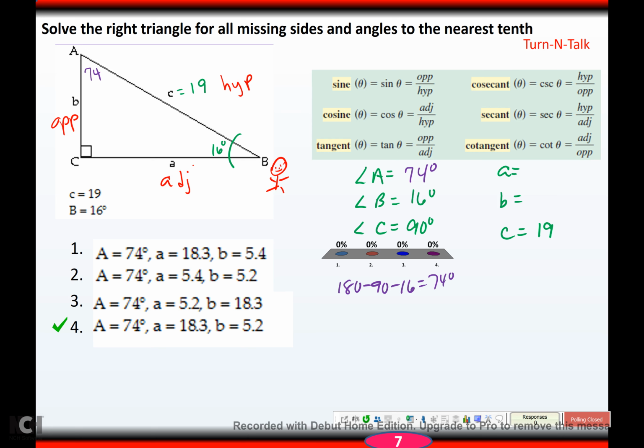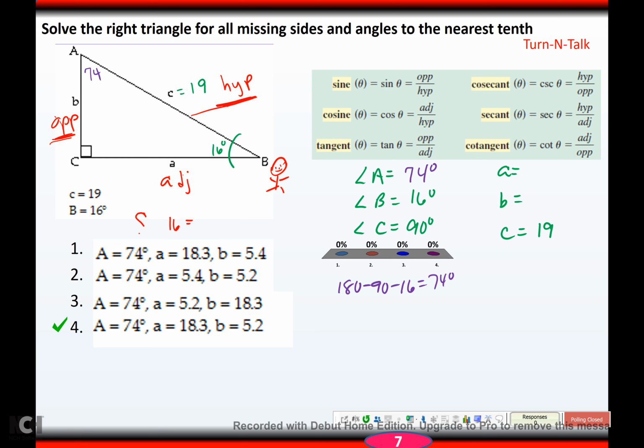So if I do opposite and adjacent, that would be tangent, but this doesn't help me, because if I do tan 16, that would be B over A. I have 2 letters in that equation, and that algebra doesn't work then. So tangent would work if I knew one of those pieces, but since I don't know either one, I can't do tangent. So I choose opposite and hypotenuse, because there's one I don't know and one I do know.